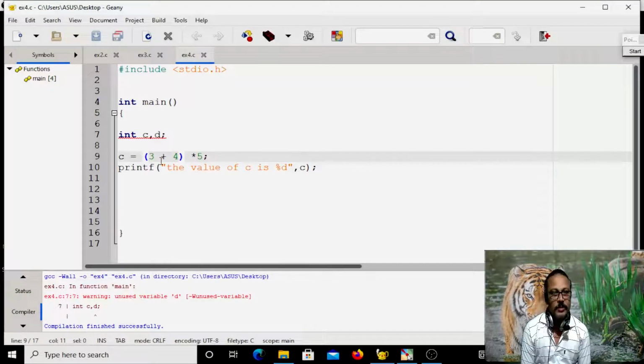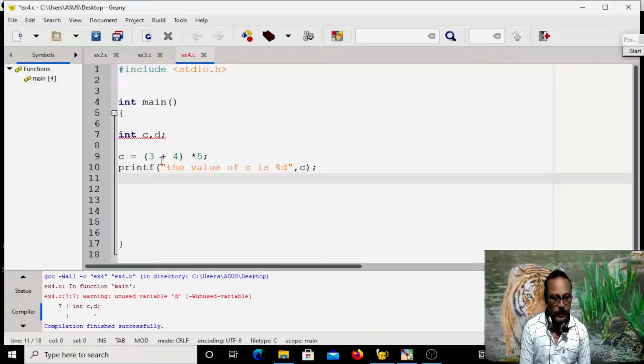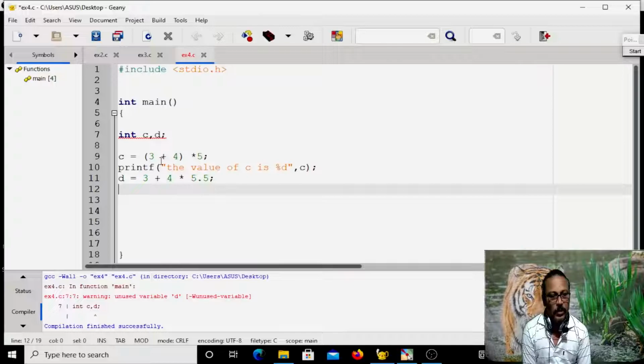Now suppose D equal to, again, 3 plus 4 star 5.5. Now what happens?